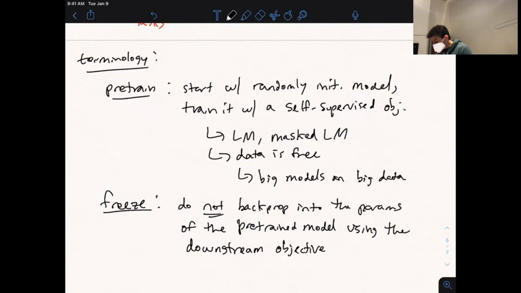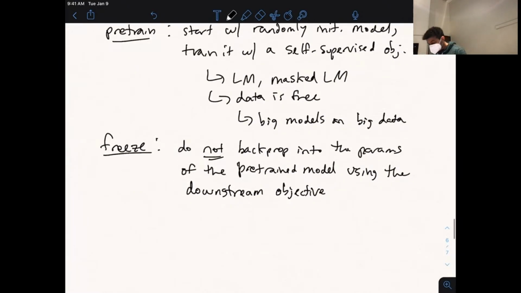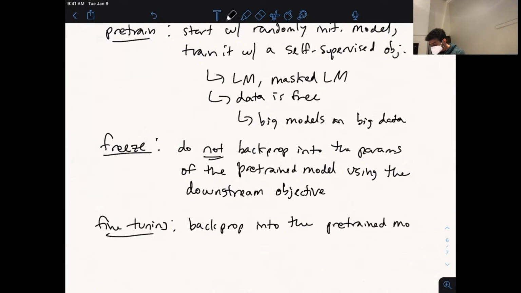So in Elmo, we froze our pre-trained language model and we trained a separate network on top. Finally, the last bit of terminology we used was fine-tuning. And we'll hear this a lot more in the semester, which is when we backprop into the pre-trained model using the task-specific signal.